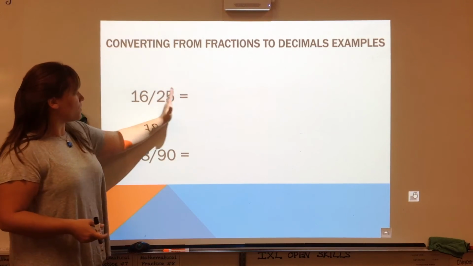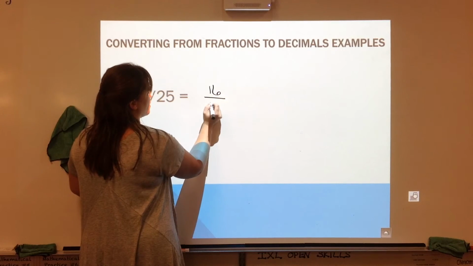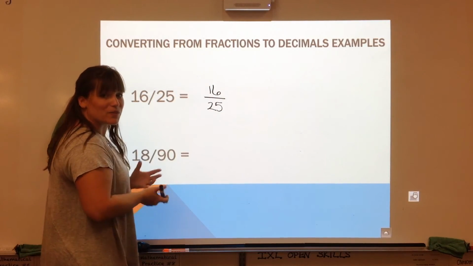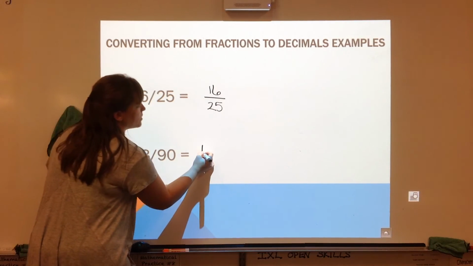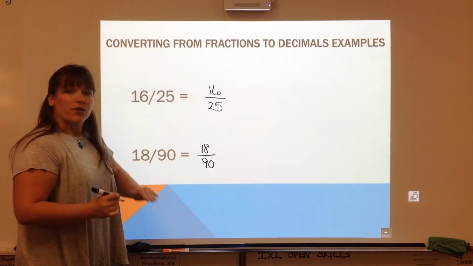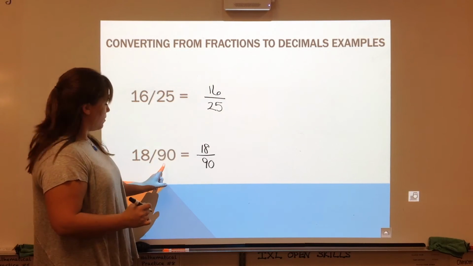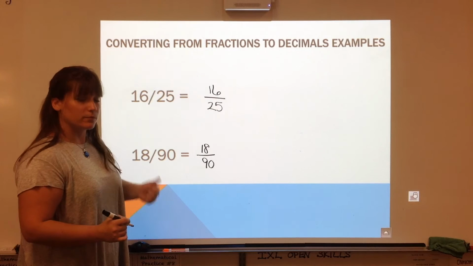I know I have it horizontal, but if you're writing it down, it's the same thing as writing the 16 on the top and the 25 on the bottom. Sometimes my formatting is a little off, so I apologize. So this would be the same thing as 18 over 90. The number on the left is the numerator, the right guy is the one on the bottom. Go ahead and try those.